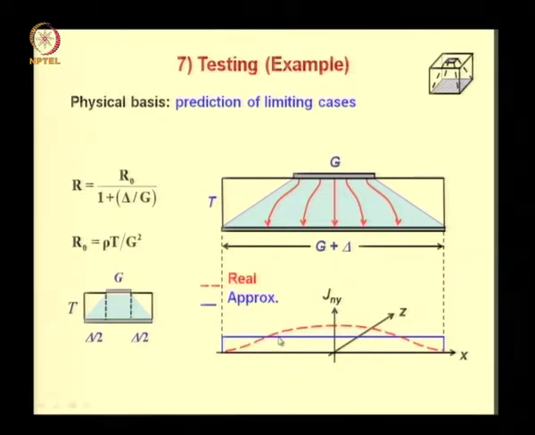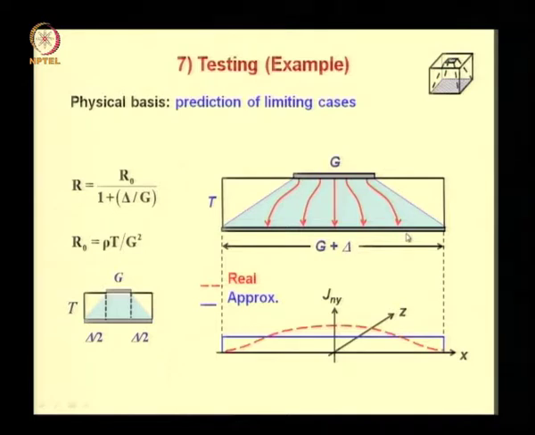In our model, since the current density normal to the contact is assumed to be uniform, the total current will approach infinity in our model, and that is why the resistance is going to 0. Whereas in actuality, the current distribution is non-uniform as shown by this shape. You can see that the current density is approaching 0 as you move more and more away from the center of the contact, right?